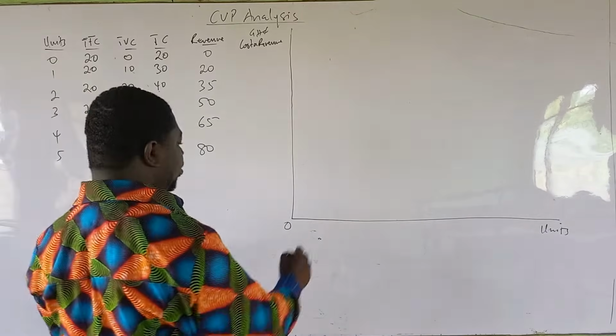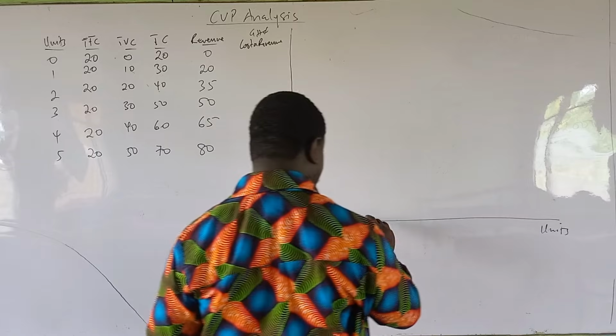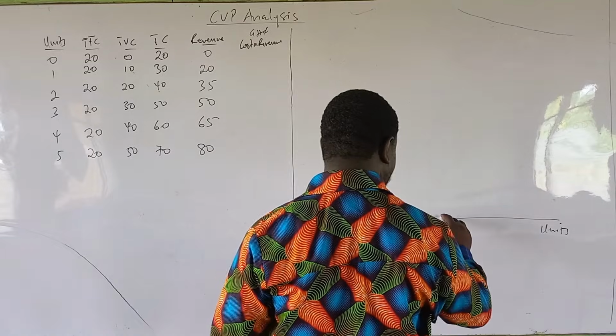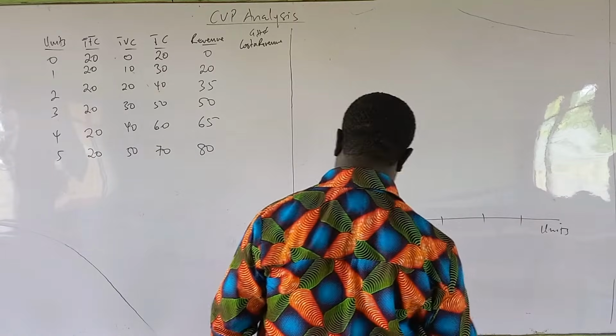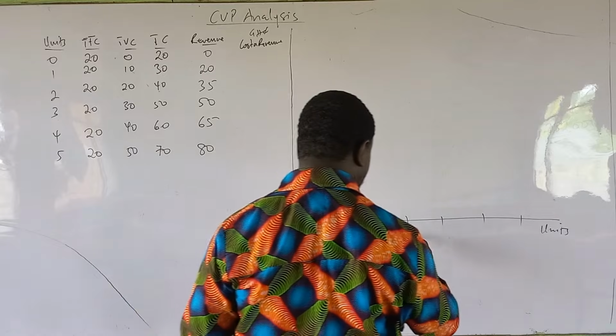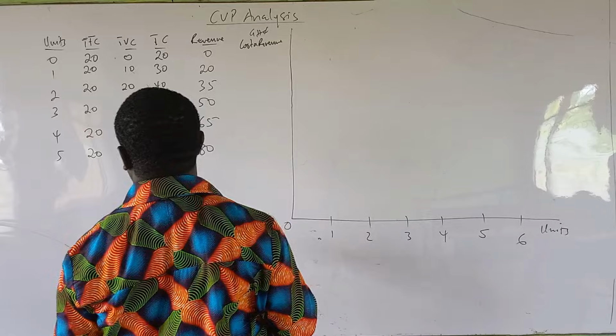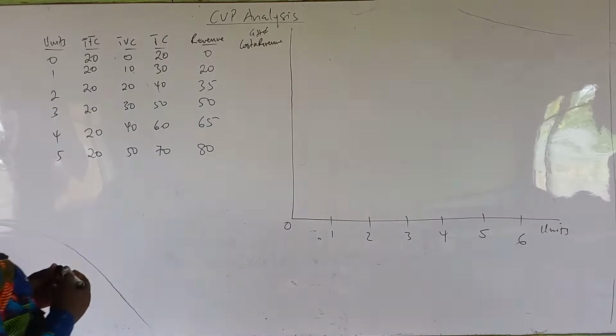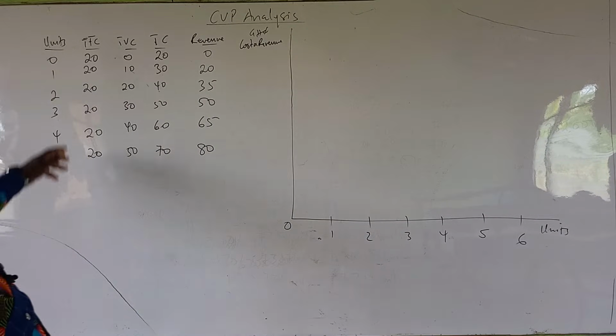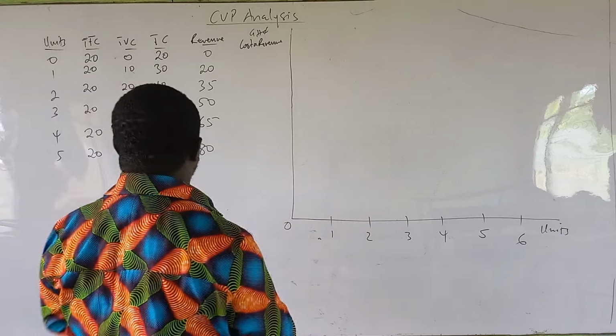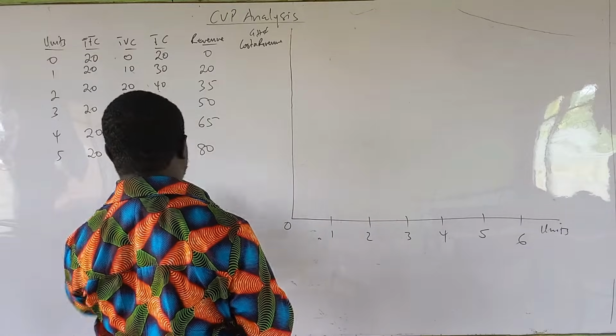All right, so let me just say 1, 2, 3, 4, 5, 6 units. And then also the range for the revenue is from 0 to 80. So cost is up to 70.